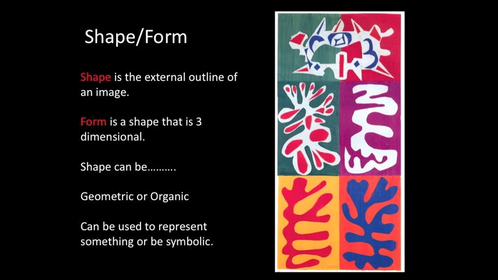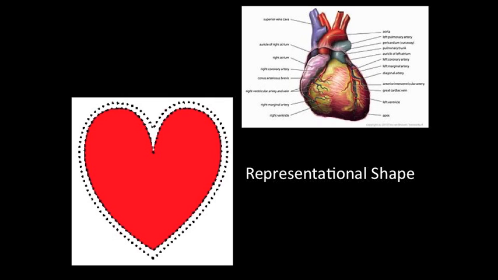Most of the shape that we use in design will be either shape, not form, or used to represent something or be symbolic. As a really good example of representational shapes, we have to look at something like a heart.